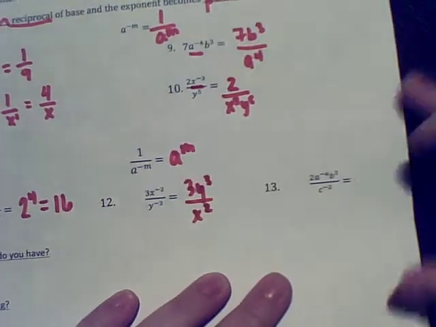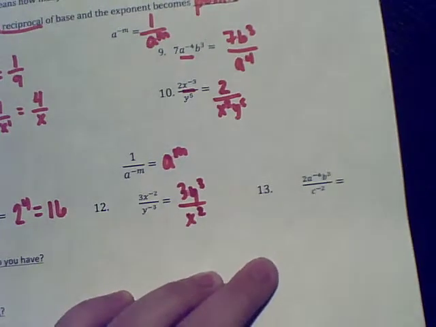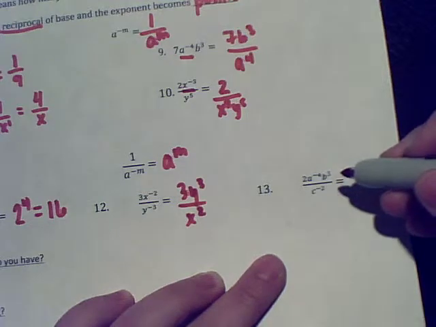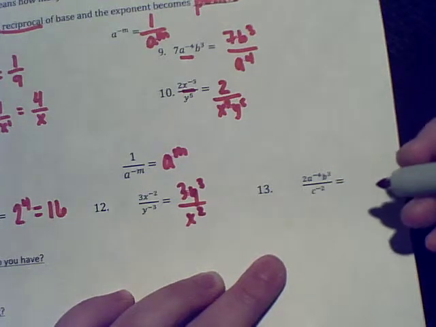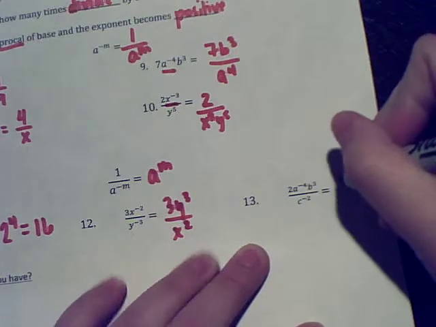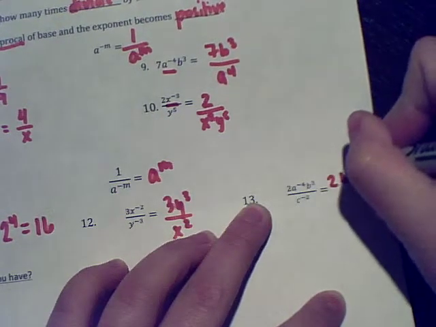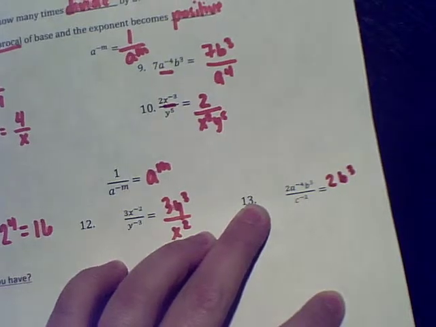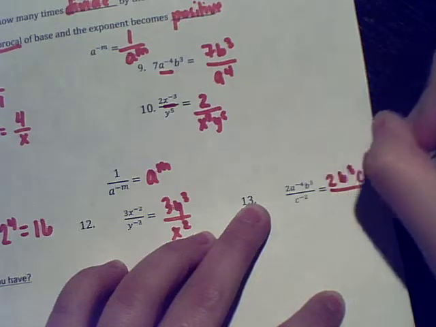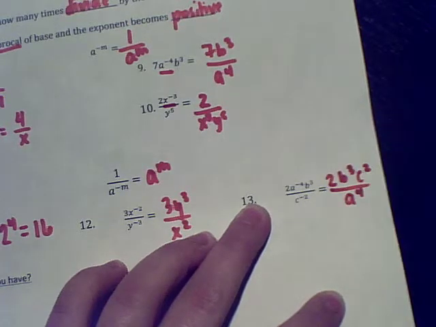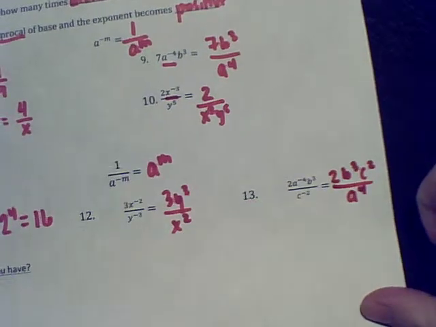And then number 13, the a in the numerator is negative and the b in the denominator is negative. So I'm going to switch those places as well. I'm going to have 2b cubed. That was already positive, so that stays the same. I'm going to move this c up top and the a to the denominator. So there's your answer on that one.